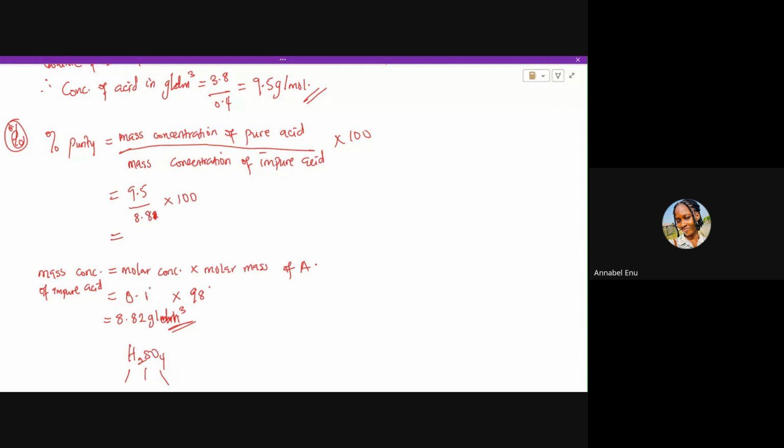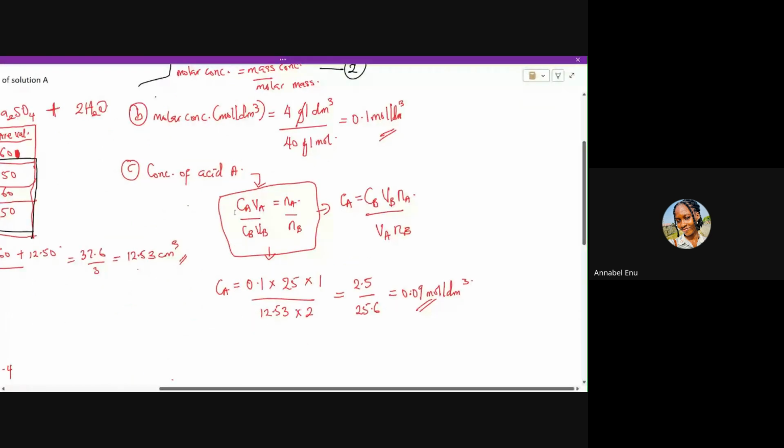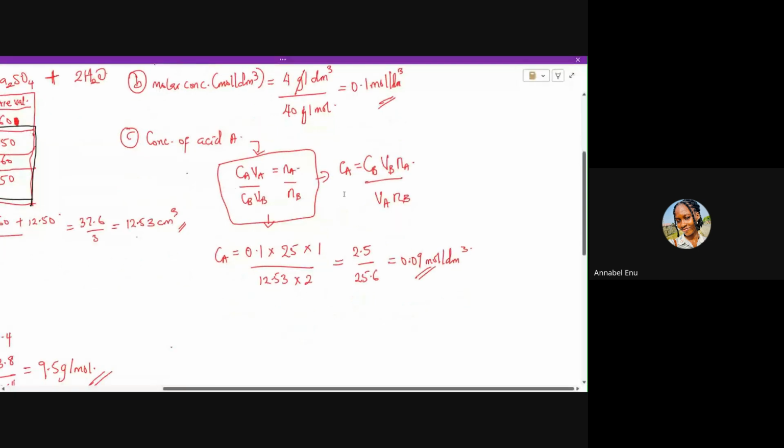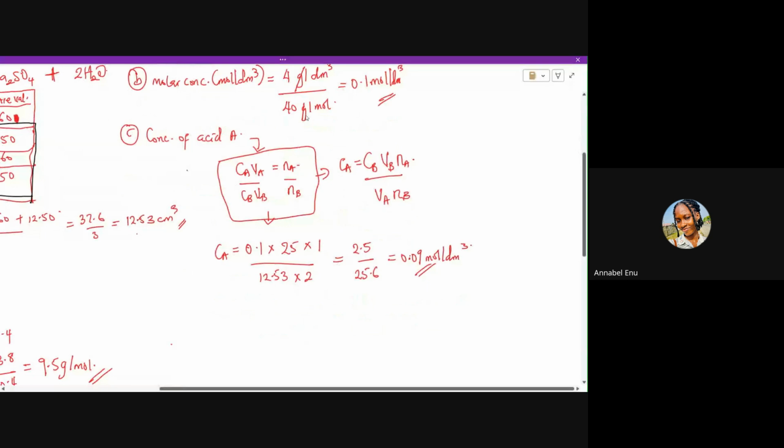times 98. Are you people following what I'm saying? This molar concentration of acid, just as we have that of the base, to one decimal place, we're also going to estimate this. So rather than writing 0.09, we're going to have 0.1, right?